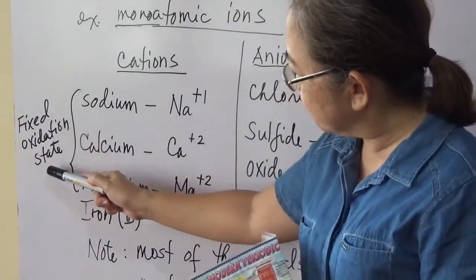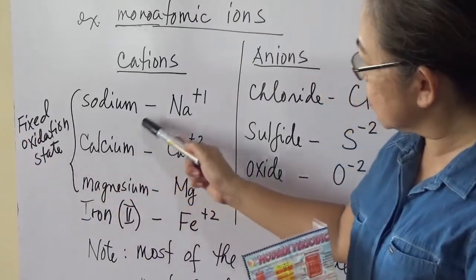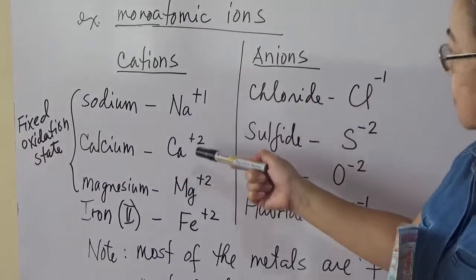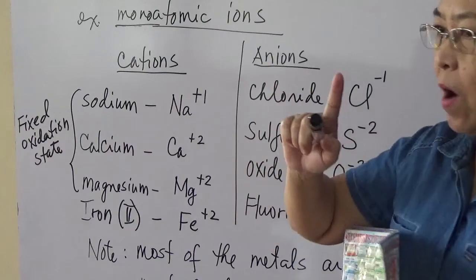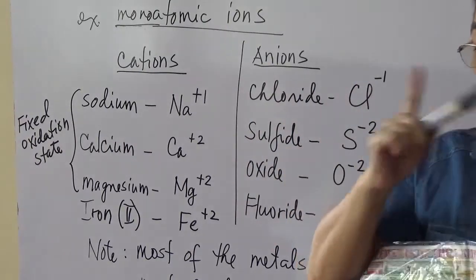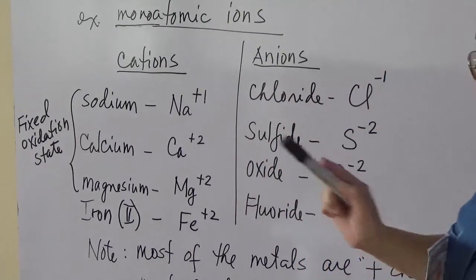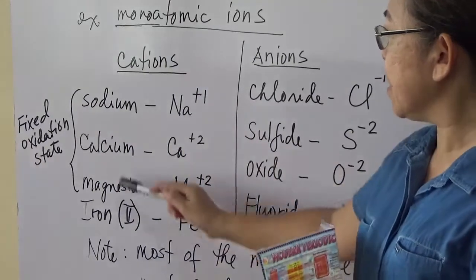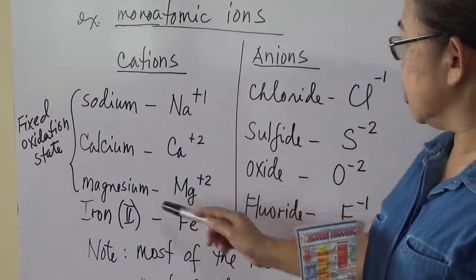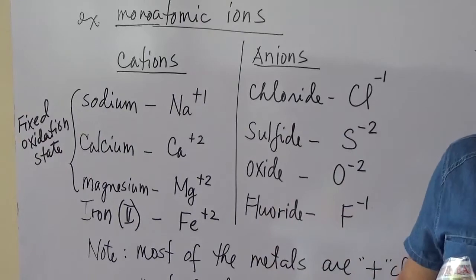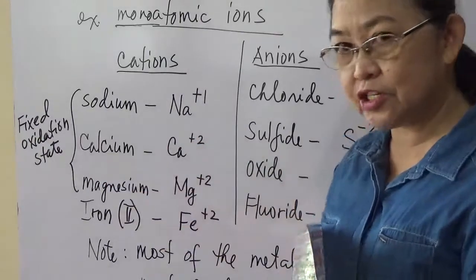Meaning if you have a fixed oxidation state, those are ions or elements which have only one charge, no other charge. For example, sodium +1, calcium +2, magnesium +2, no other charge. That is fixed oxidation state.